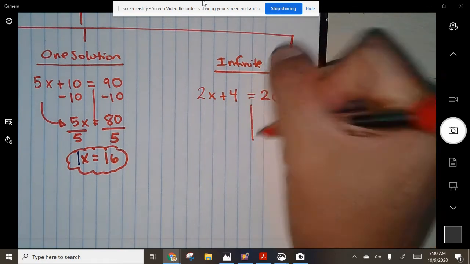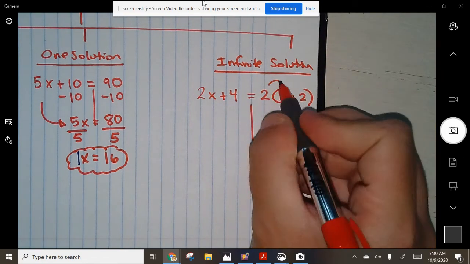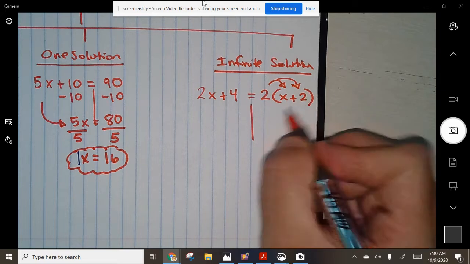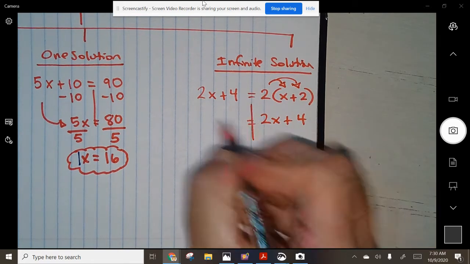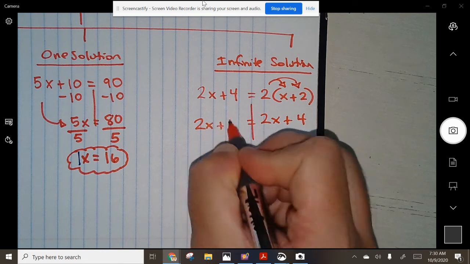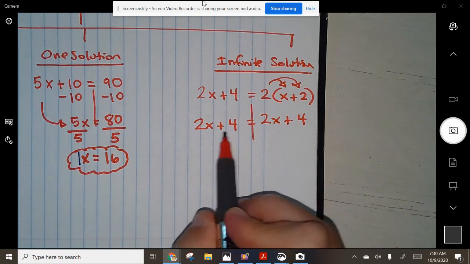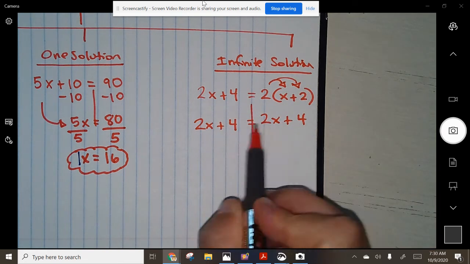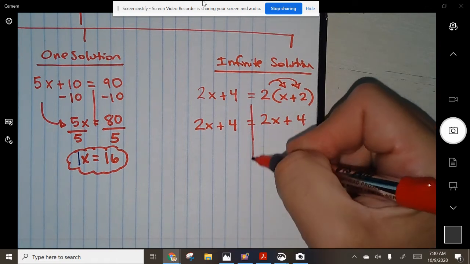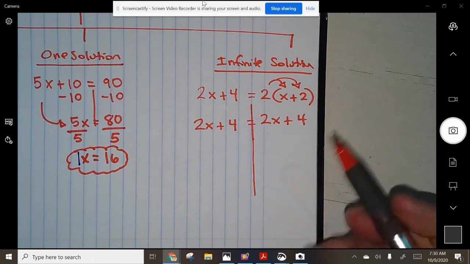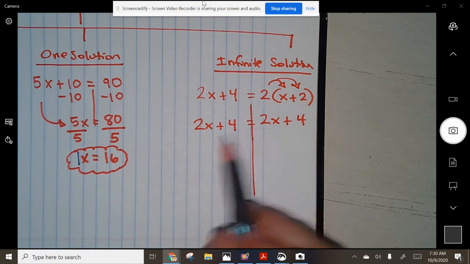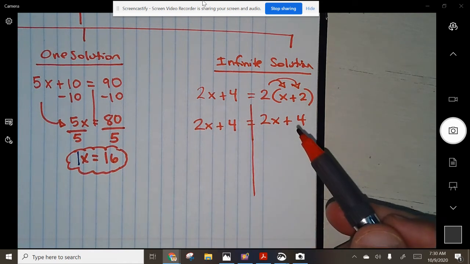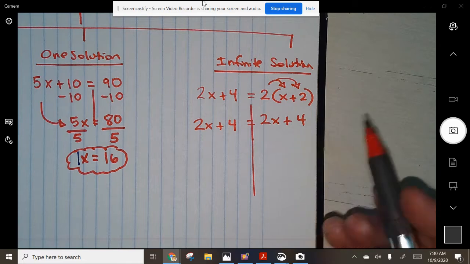Now let's go ahead and solve it. What's your first step? Distribute. 2x plus 4 equals, wait a minute, 2x plus 4 equals 2x plus 4? That's the same on both sides. When you see the same expression on both sides, the same junk on both sides of the equal sign, you know you have an infinite solution. But let's just go ahead and solve this.